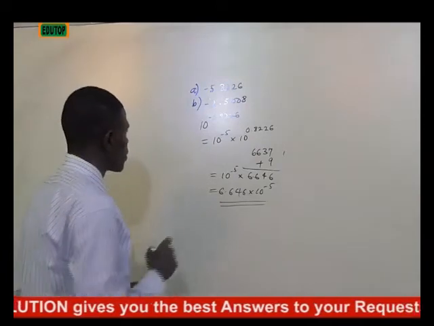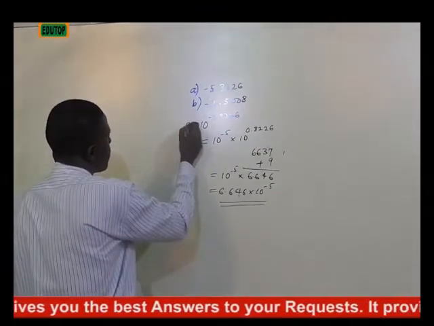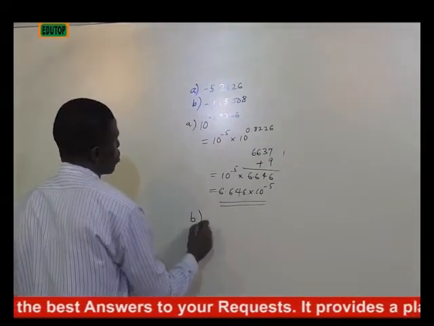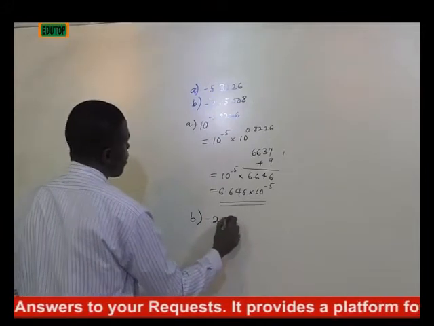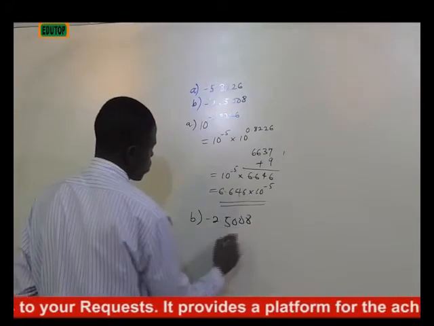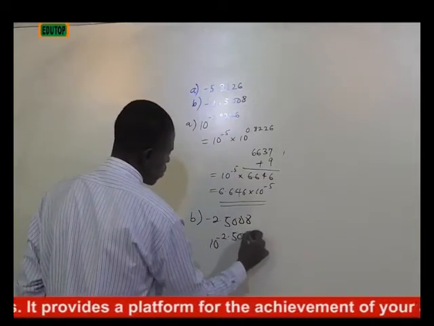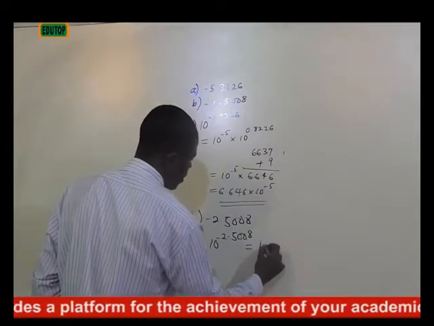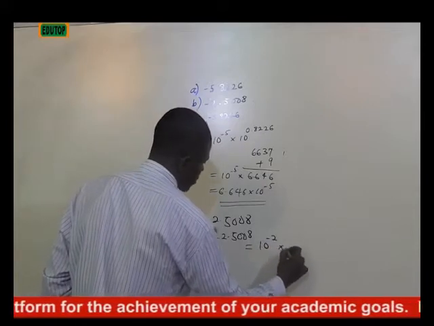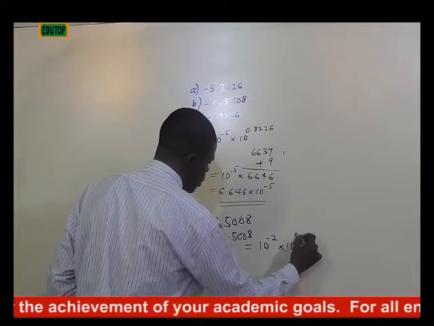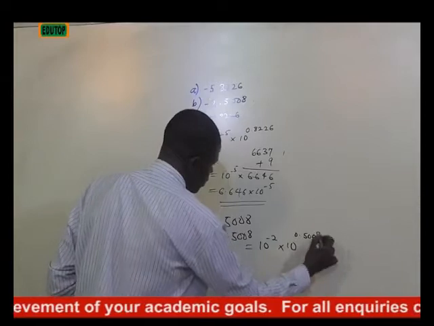So the second case, we use the same method. So we have minus 2.5008, which can be expressed as 10 raised to the power minus 2.5008, which can be simplified as 10 raised to the power minus 2 times 10 raised to the power 0.5008.